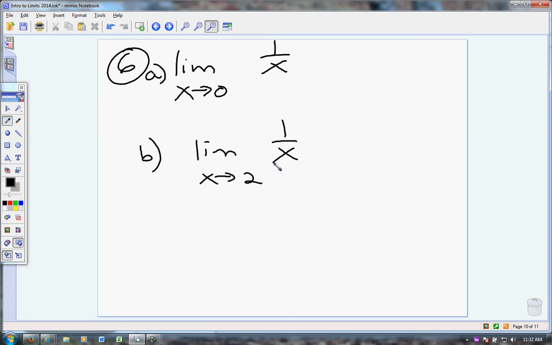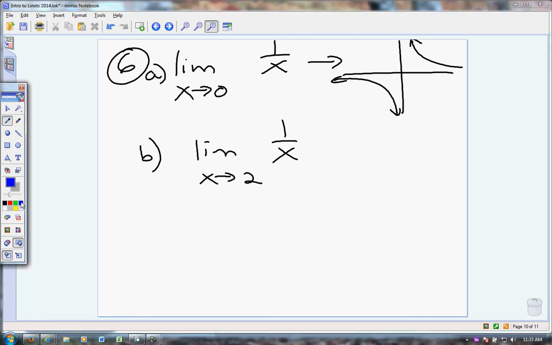I get 1 over 0, but wait, what does this function look like? Do you remember? It's the reciprocal function. Doesn't it look like this? This is our first situation where the limit does not exist. Okay?